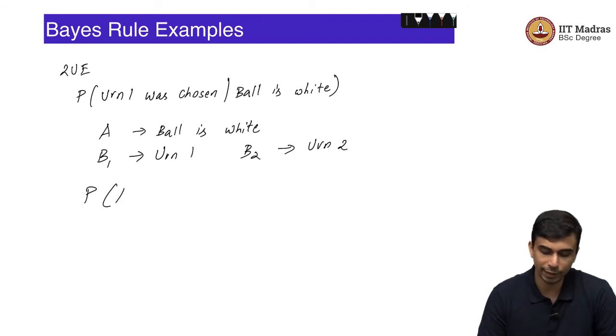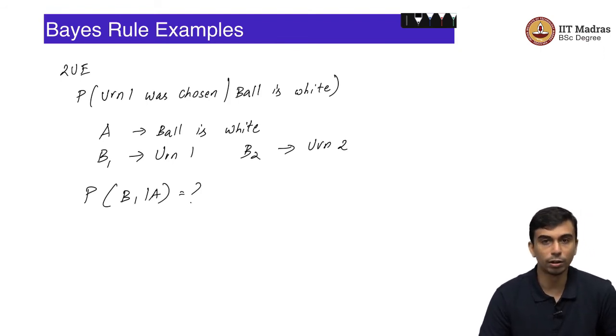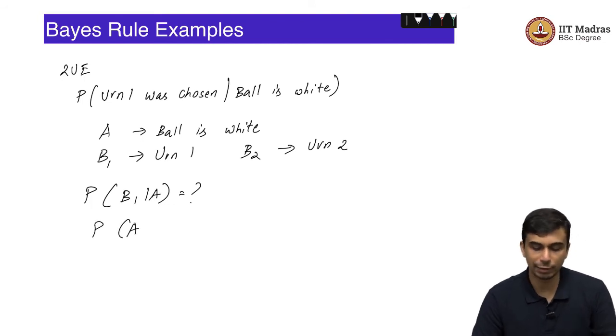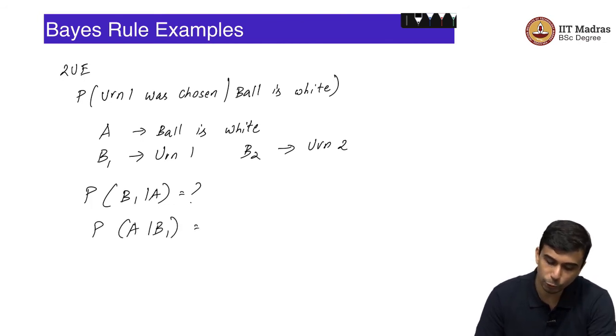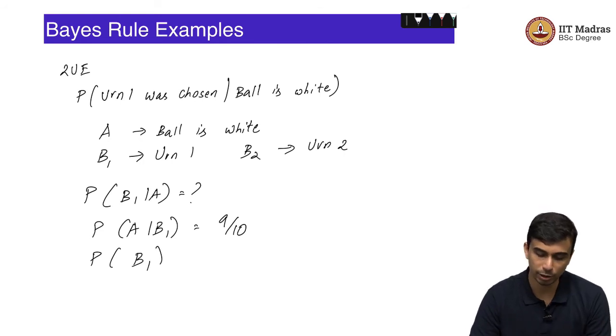We want the probability of B1 given A. That's not easy to see directly, but what we do have, the probability of A given B1, is easy, which is simply equal to 9 by 10, because the first urn had 9 white balls and 1 black ball. And what is the probability of B1? Well, that's equal to half.